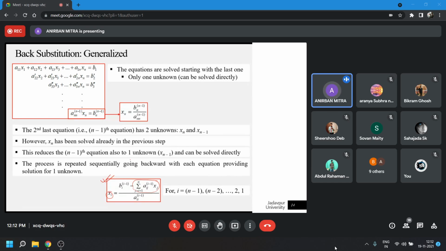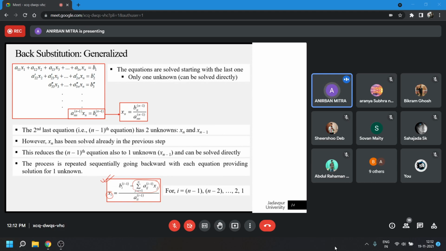Just remember here that in order to implement this for loop, you will have to go backward. That means you are going to start with, let's say, i equal to n minus 1, and you will go back to 1.